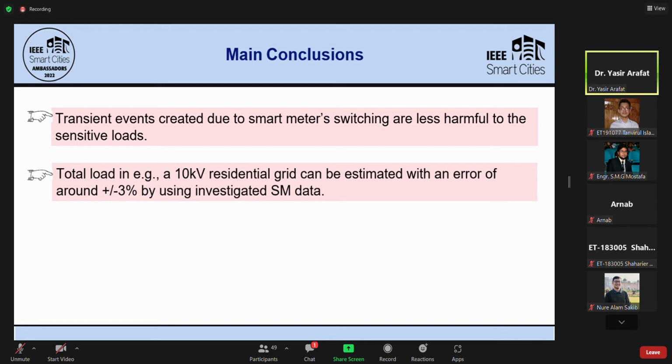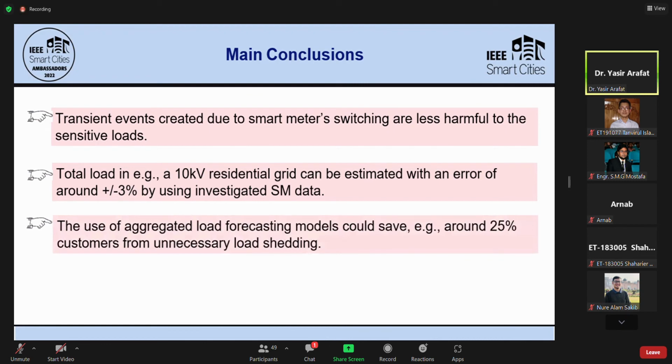But as we are now disconnecting loads selectively, it is difficult to estimate how much load has been disconnected and how much load is still connected to the grid. So the load forecasting model could help in this regard.